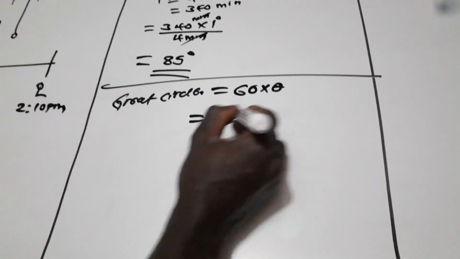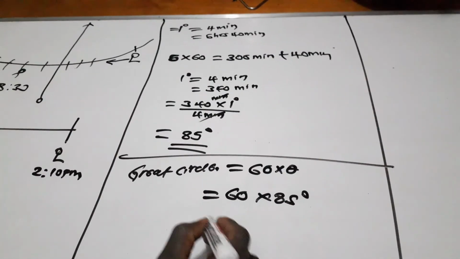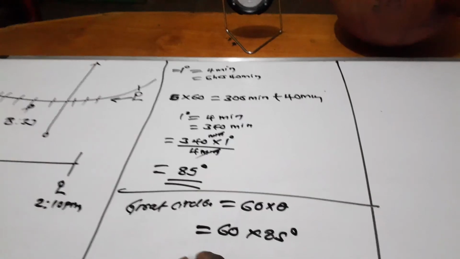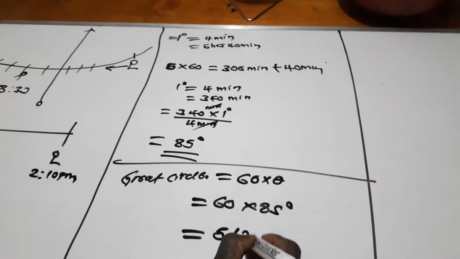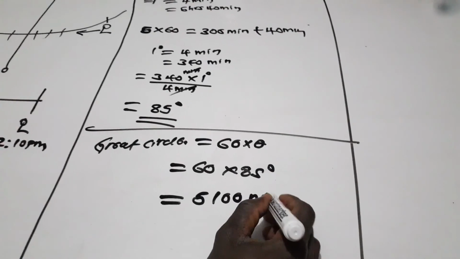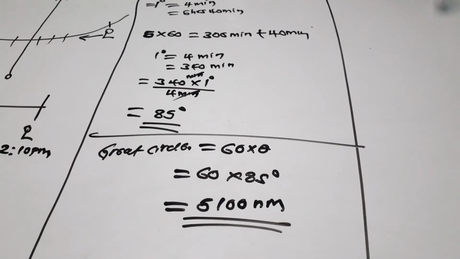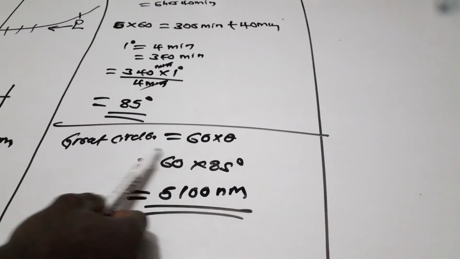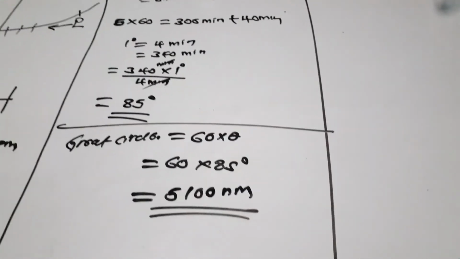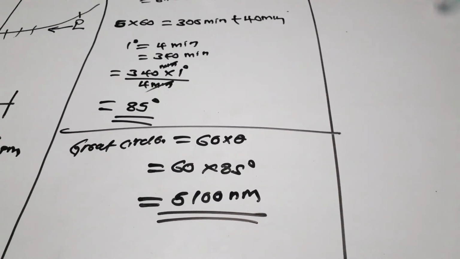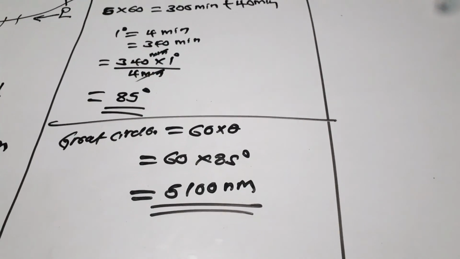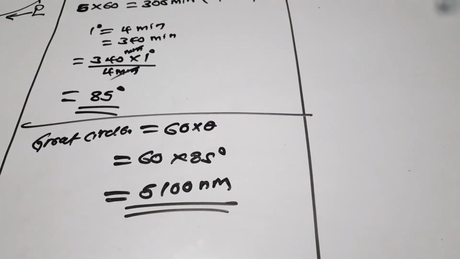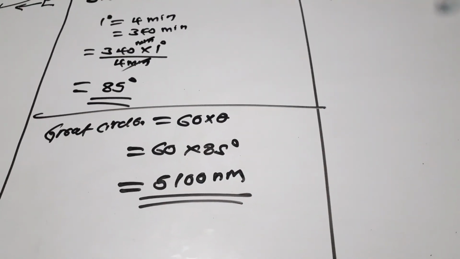This will be 60 multiplied by 85 degrees. This is going to give us 5,100 nautical miles. And there you have it. So remember this calculation for distance on a great circle in nautical miles. You can click on the link up here to check it. So there we have it, and that marks the end of our longitudes and times. Thank you for watching, and stay tuned for our next video.